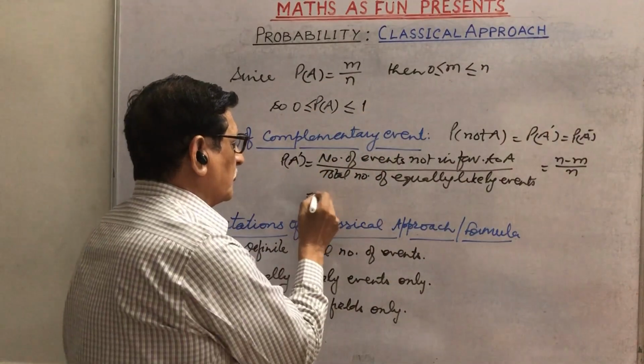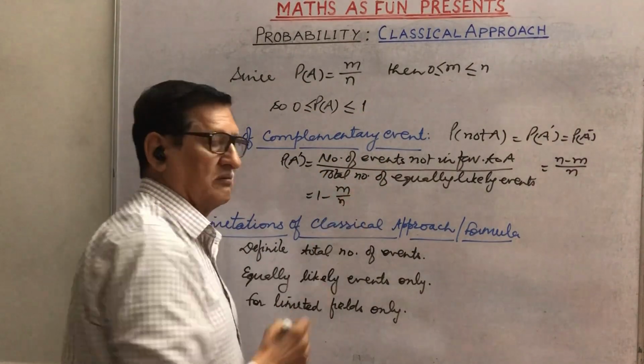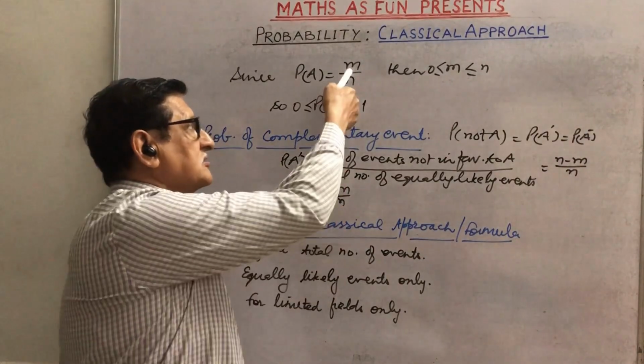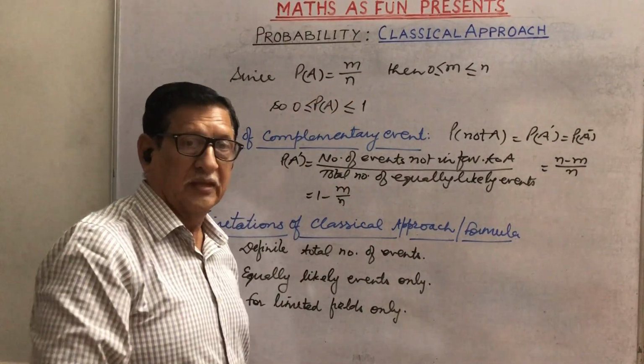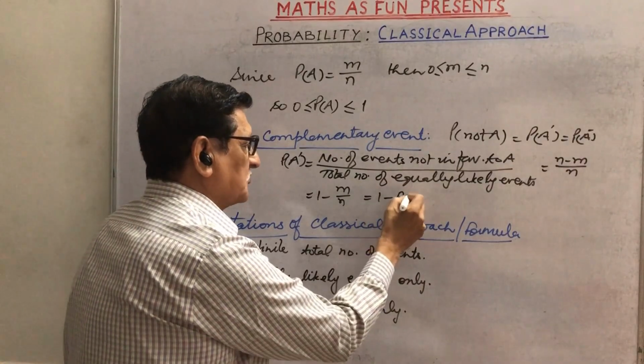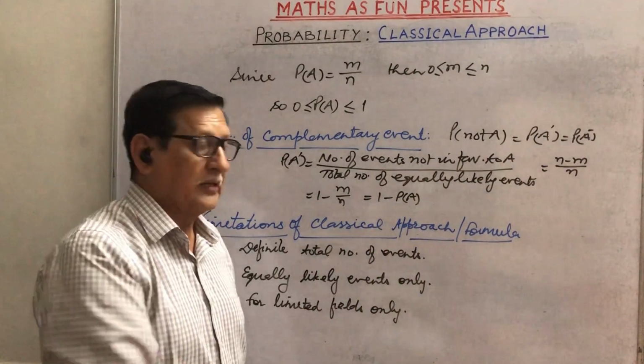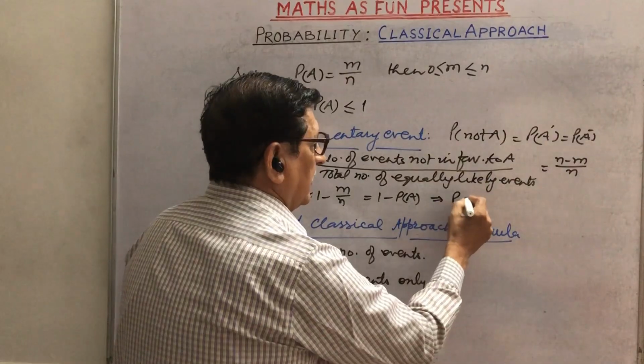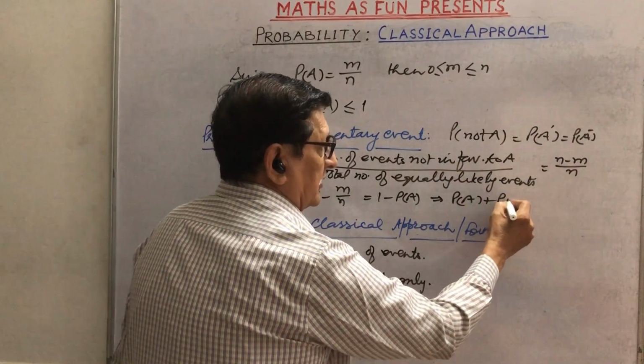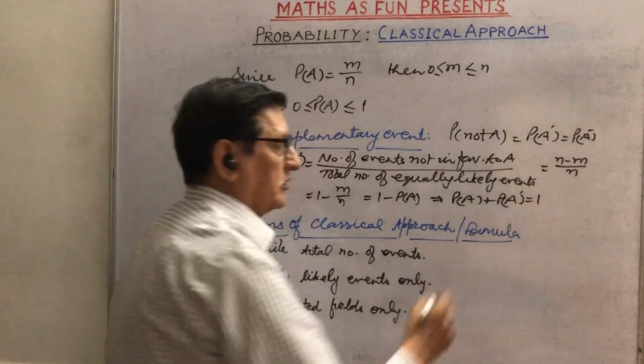Can we write this as 1 minus m upon n? And we have seen m upon n is P(A). So can we write this as 1 minus P(A) or not? And this implies that P(A) plus P(A') is equal to 1.